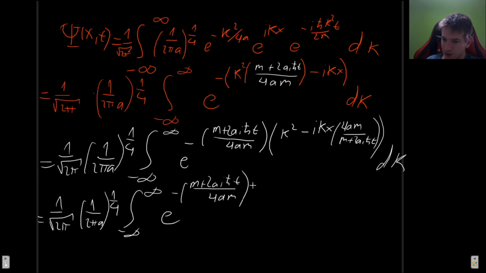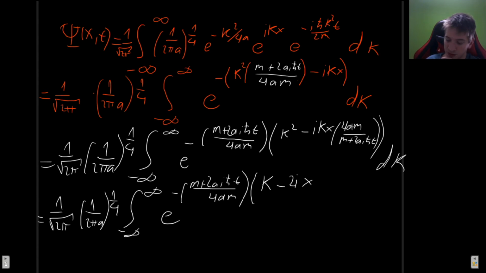Now this is going to be multiplied by k minus what we have here, but now divided by 2 and without the k. Remember, now we are completing the square for k. Before we did it for x, so don't be confused, because now the integral will be with respect to k, not x. We get k minus i times 2.